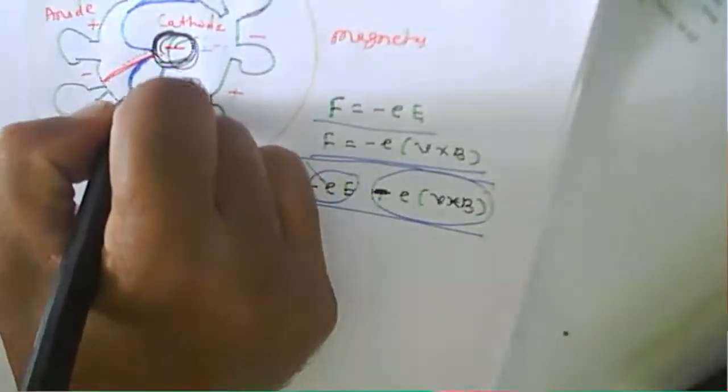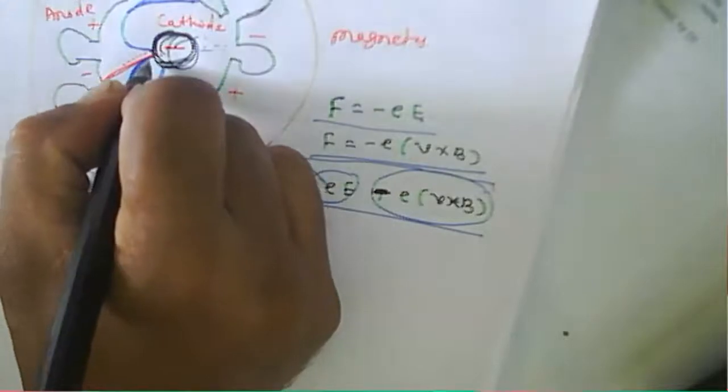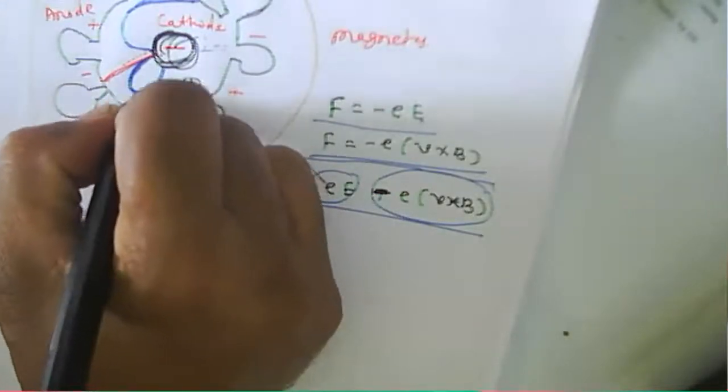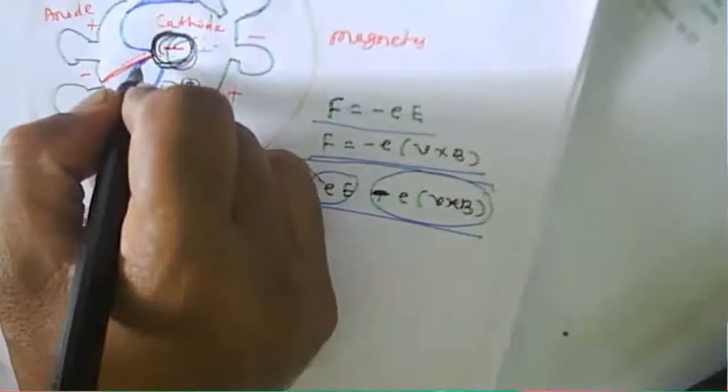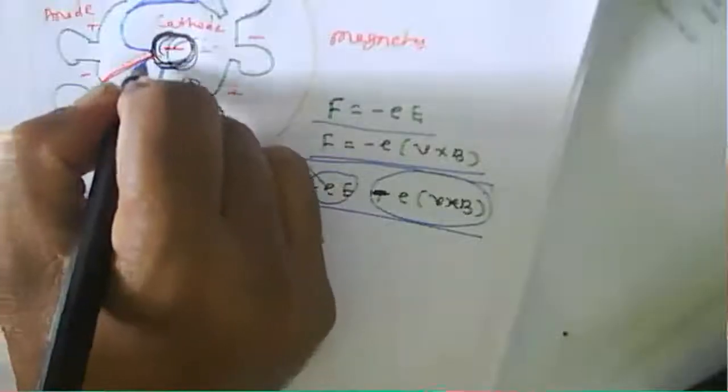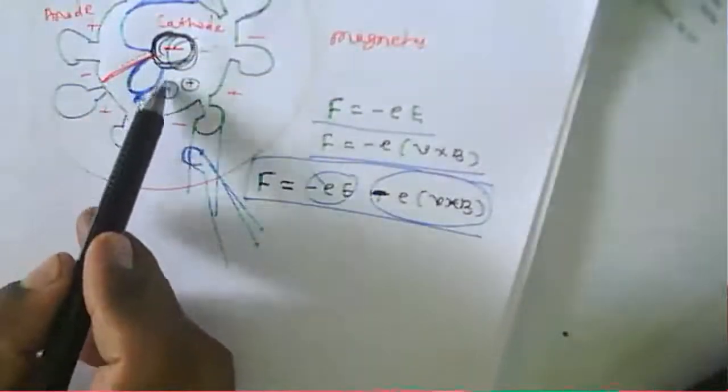Due to the magnetic field, the electron will move from the cathode and return back to the cathode. So the electron will move in a circular path.